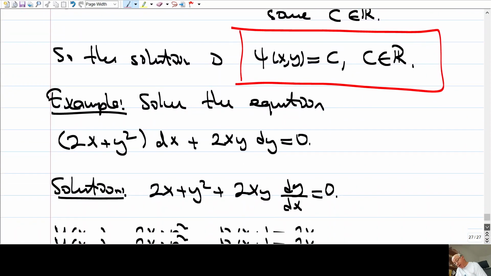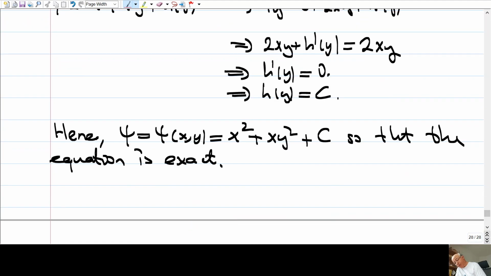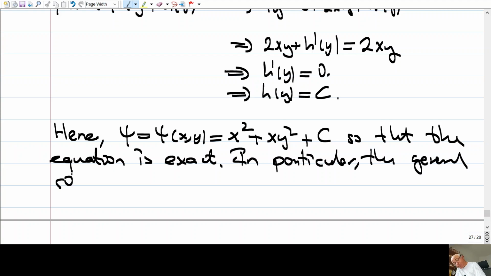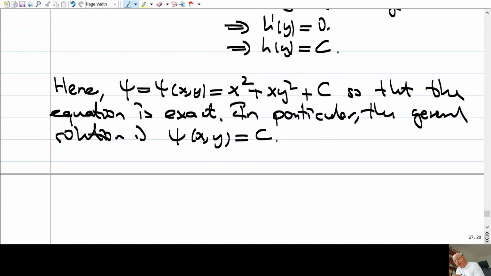Therefore, in my example, the solution will be what? Let's see. In particular, the solution, I should say maybe the general solution, is psi xy equals c, right? Well, here, of course, this c and this c are not the same.